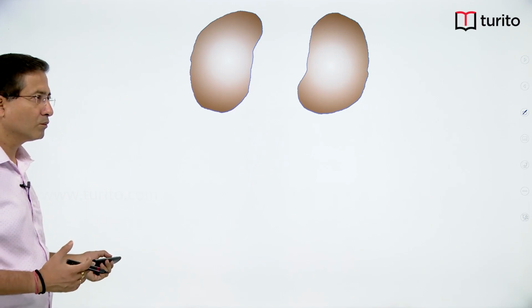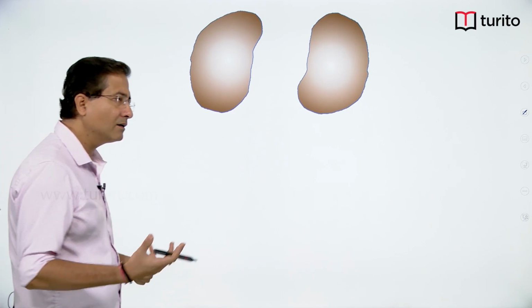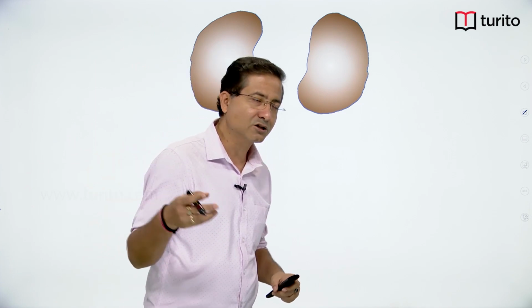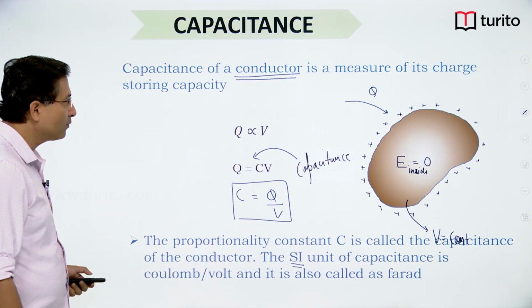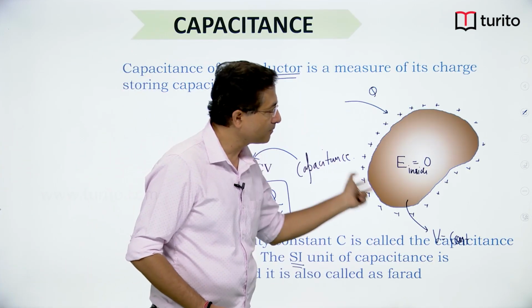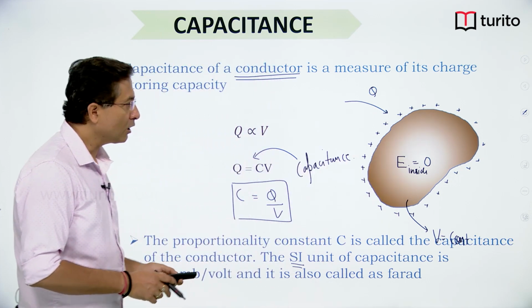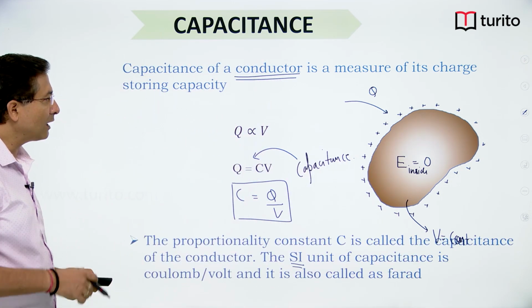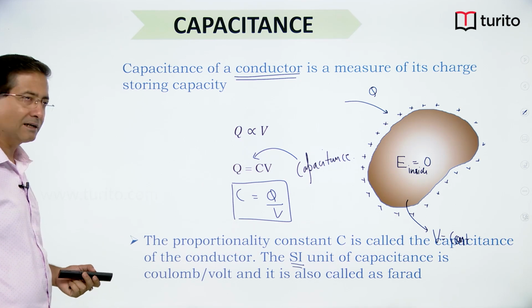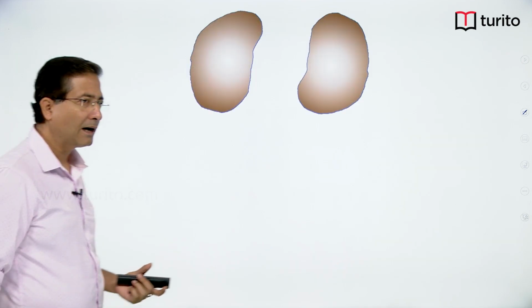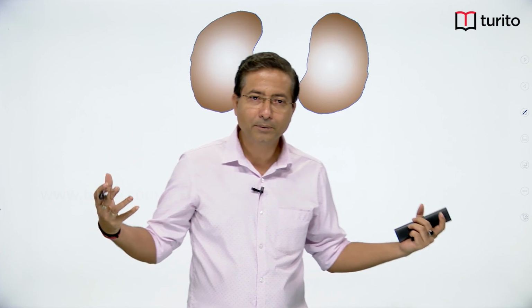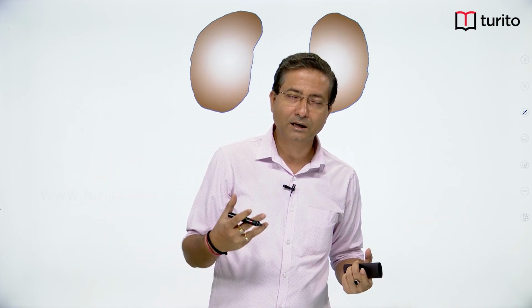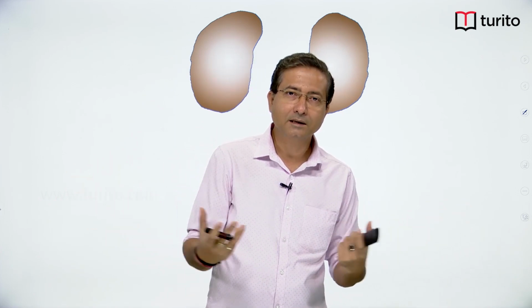In the previous case I had only one conductor which I gave charge Q, and that Q was uniformly distributed. You can see this one, right. Now, in order to have larger capacitance, what I can do is bring two conductors which are oppositely charged near each other.